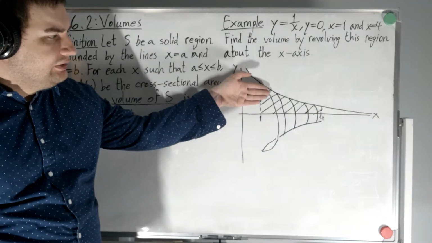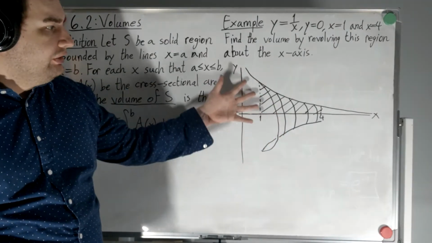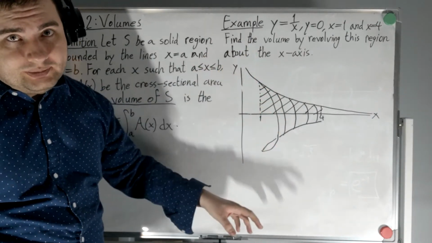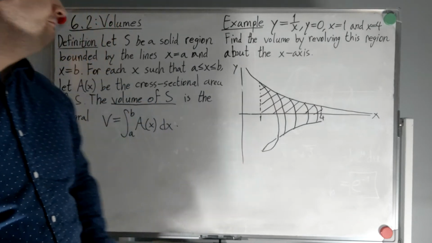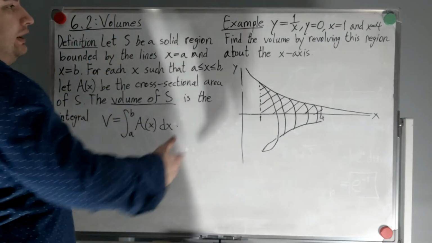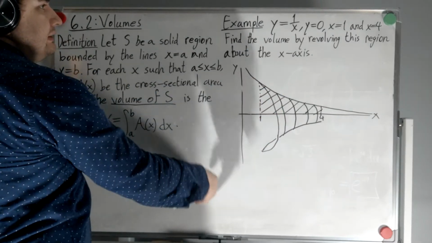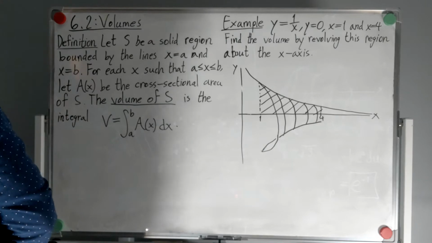So this whole thing is being rotated around this x-axis, so it's going to encompass some region in three-dimensional space. We're trying to find the volume of that region. So that's what it means when we say revolve this around the x-axis and find the volume of that solid of revolution.